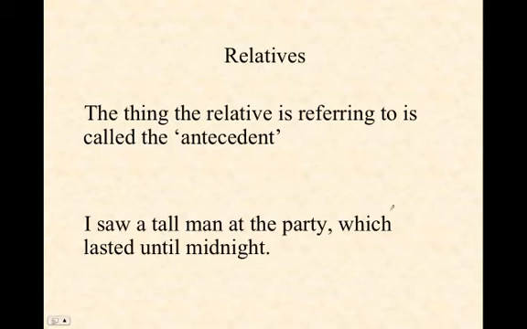We use which in English as our relative pronoun for more abstract and inanimate things. So, I saw a tall man at the party which lasted until midnight, and we know that here the antecedent is party.